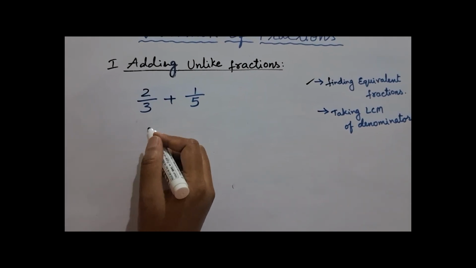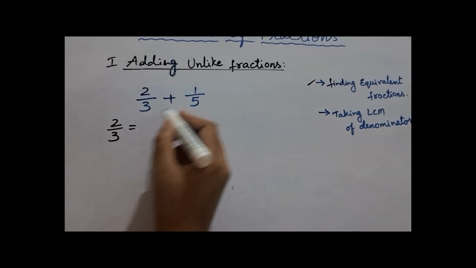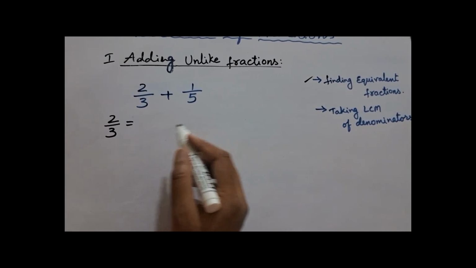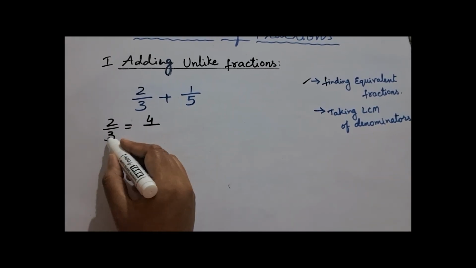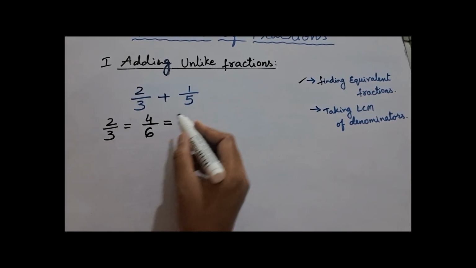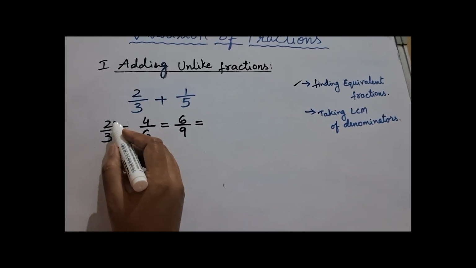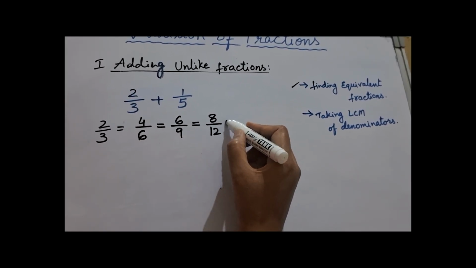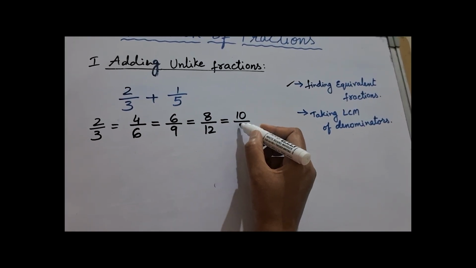So here, children, we need to write the equivalent fractions of each of these fractions until we get the same denominator. The equivalent fractions of 2 by 3 are: 2 2s are 4 by 3 2s are 6, also equal to 2 3s are 6 by 3 3s are 9, also equal to 2 4s are 8 by 3 4s are 12, also equal to 2 5s are 10 by 3 5s are 15.